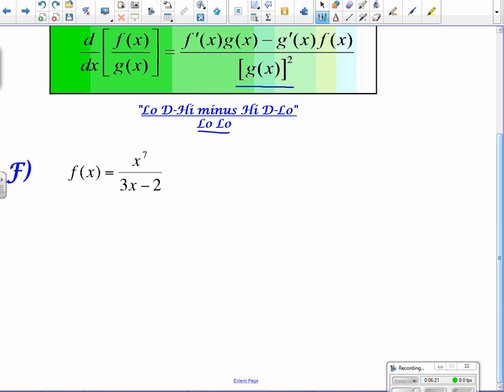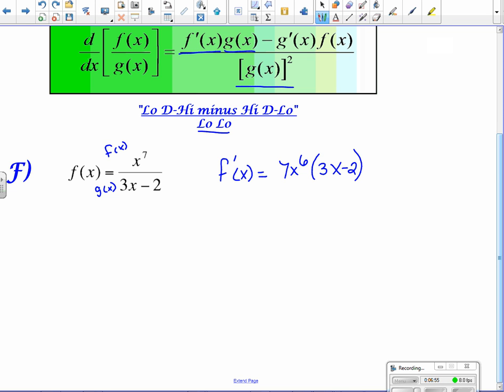All right, so let's try one out. If it helps you to identify, there's your f of x, here's your g of x, according to the rules. We have a function labeled here f of x, so don't get confused by that. F prime of x equals the derivative of the top, so that's going to be 7x to the 6th multiplied by the low, no derivative of the low, so 3x minus 2.